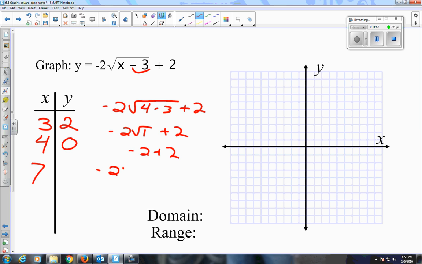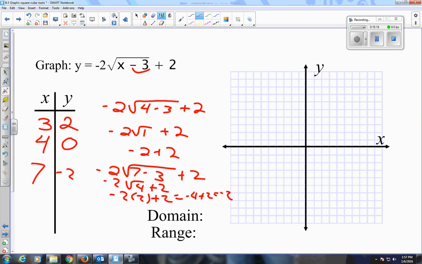So when I say negative 2 times the square root of 7 minus 3 plus 2, negative 2 square root of 4 plus 2, negative 2 times 2 plus 2 is negative 2. That's kind of what we predicted it was going to be.